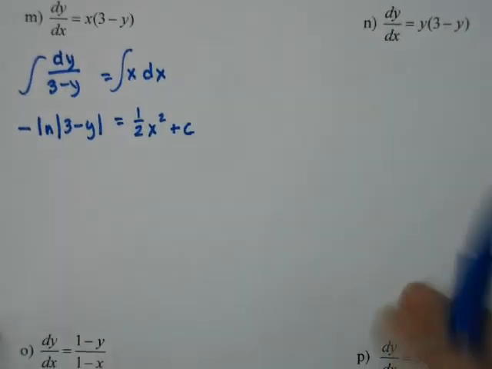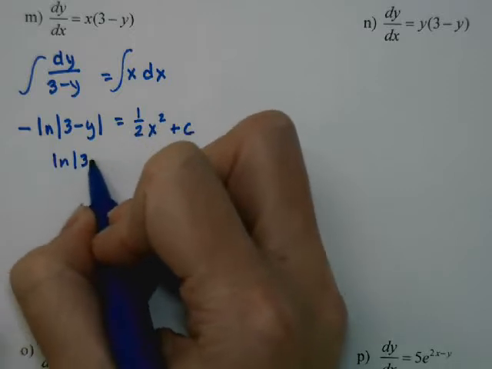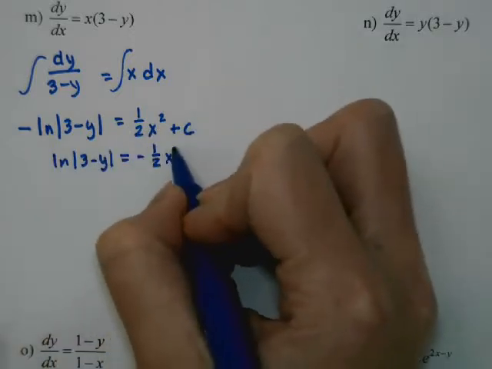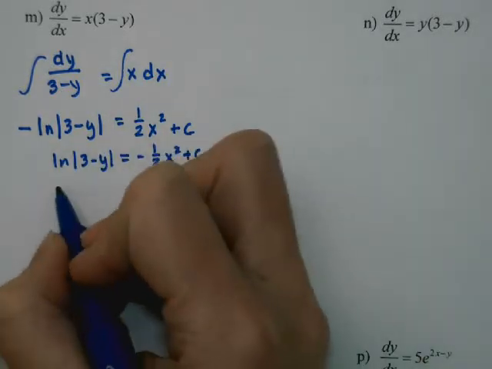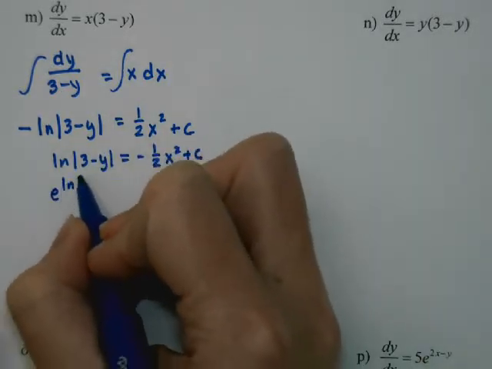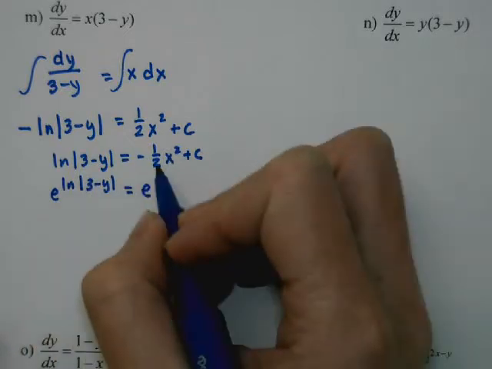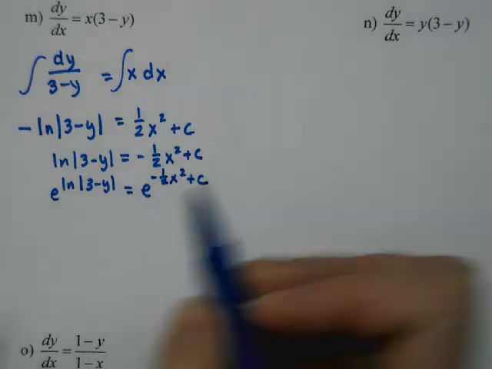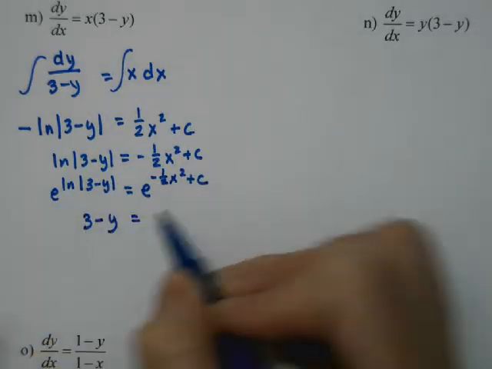So we're going to solve for y here. So this is going to be negative 1/2 x squared plus c. Raise both sides to the e. So this side is just going to be 3 minus y.